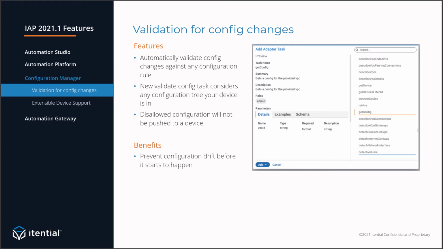So we now have a task that fully allows you to say, I'm going to pass in the config that I want to push to a device, the device's name, and in the background, we figure out what kind of compliance rules are currently set for this device, be it through configuration trees, be it through different device groups, and will the configuration that you're about to push on that device be in violation of any of the compliance rules that you set. And you're fully in control of what the behavior should be.